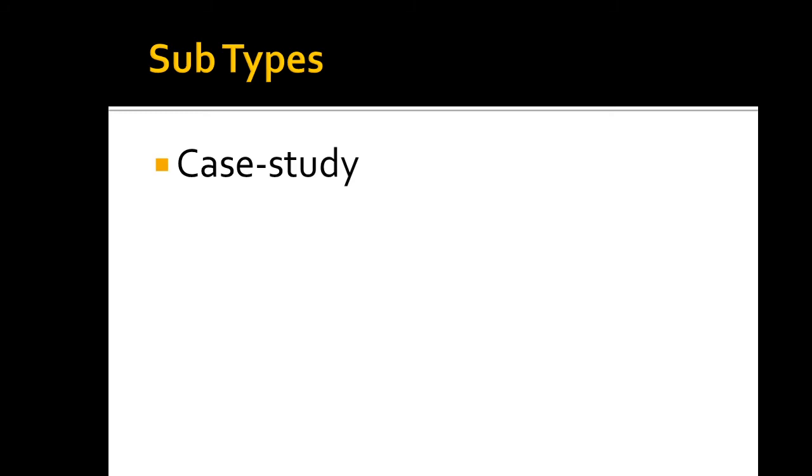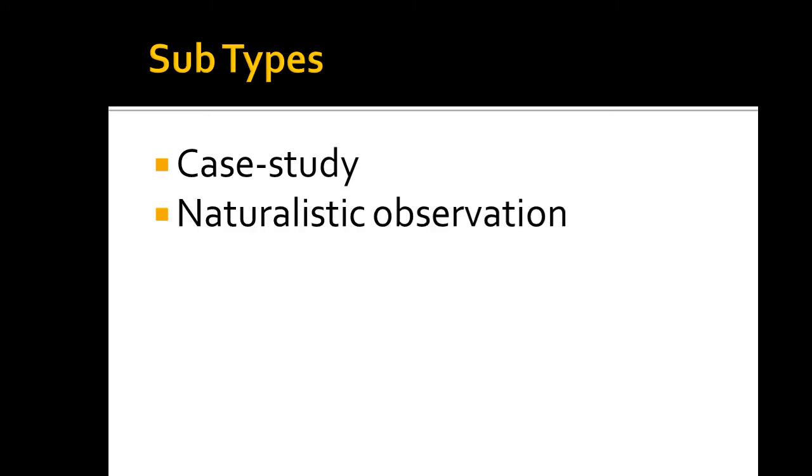There are of course some subtypes here. One is called case study, the other one is called naturalistic observation, and then the survey. These are the subtypes of descriptive design. So what do we mean by these? I'm sure you are very familiar with case study because we have done it in the previous semesters. If you pick up one particular case of an individual or group or an organization and conduct a study, it's called a case study.